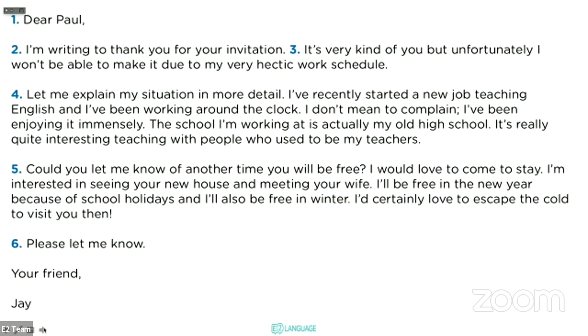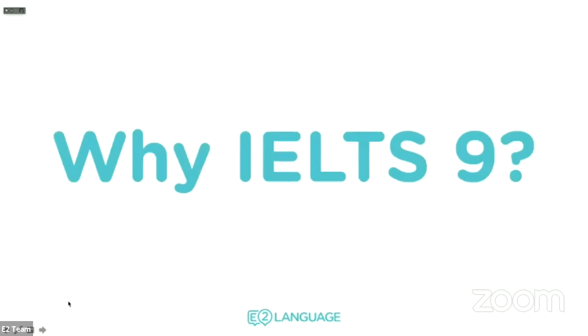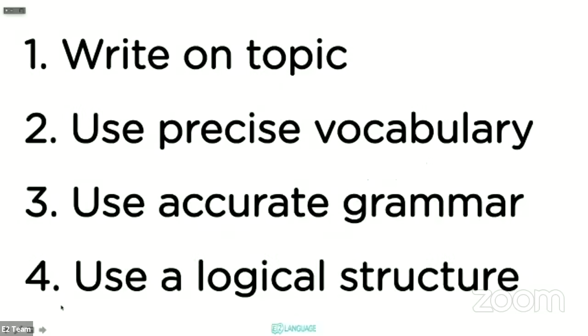Cool. Well done. We flew through that. That was great. Why would this letter receive an IELTS 9? Well, there are 4 things that the examiner looks for in your writing. First, that you wrote on topic, that you wrote about that question prompt and those 3 dot points, and you did not write about something else.